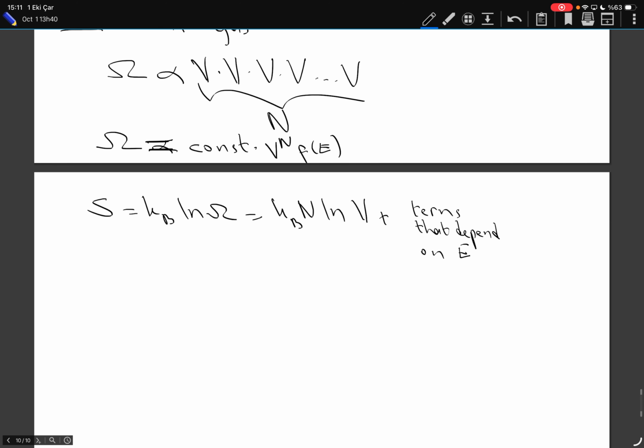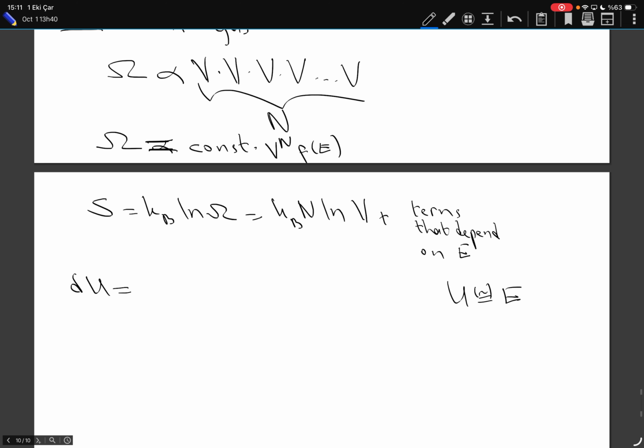Let's look at the differential of S. Remember, U and E are the same thing, I will use them interchangeably. More precisely, U is the average E for a given system, but if E is fixed, U is also fixed. Even if the system exchanges energy with the environment, the fluctuations will be negligible, so U will be equal to E even in those cases.